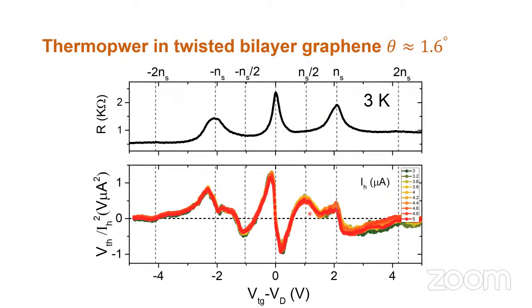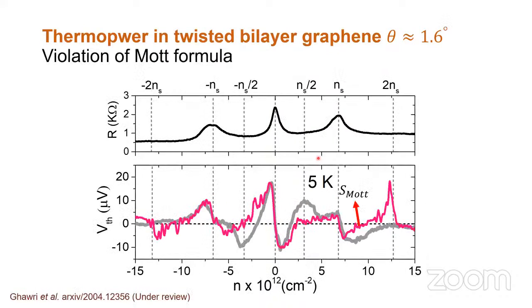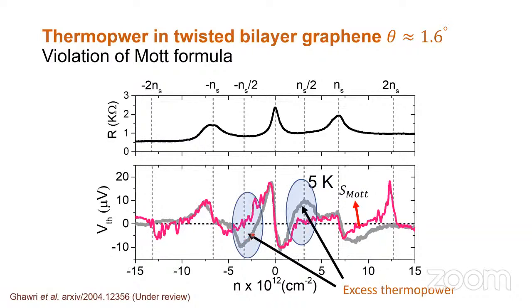This whole thing remains. If I now take the density of states calculation from Manish and Shinjan's calculation, you can see something really interesting. This is the density of states for theta equal to 1.6. You can plot this Mott expectation, but you obviously will not get the Mott formula to be obeyed exactly at plus and minus half filling.